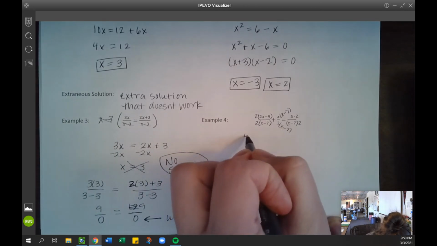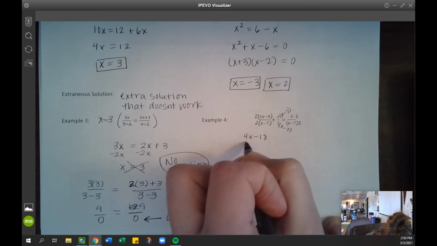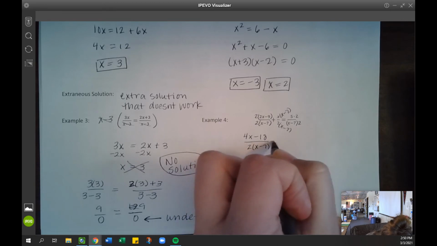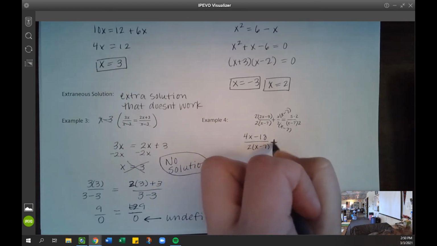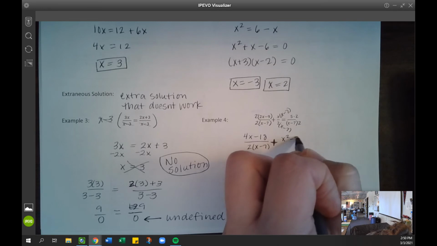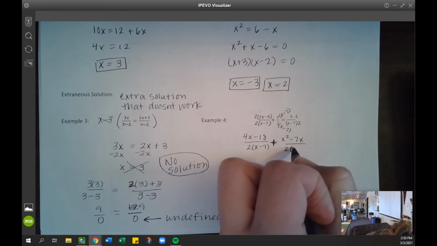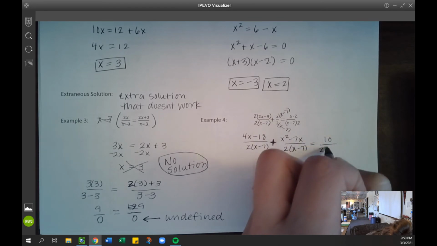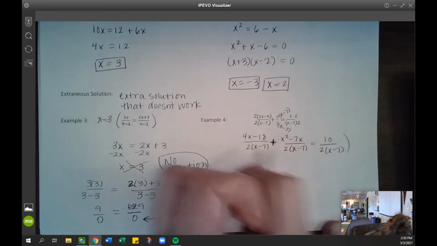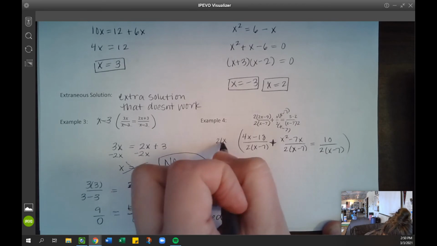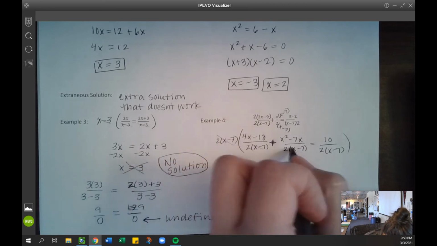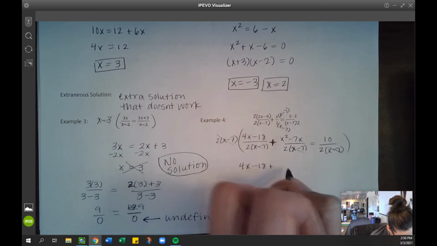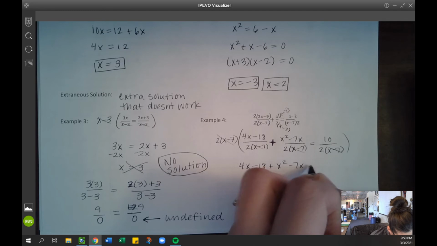Which gives me 4x minus 18 over 2 times x minus 7 plus x squared minus 7x equals 10 over 2 times x minus 7. Now I'm going to clear out the denominator, which gives me 4x minus 18 plus x squared minus 7x equals 10.